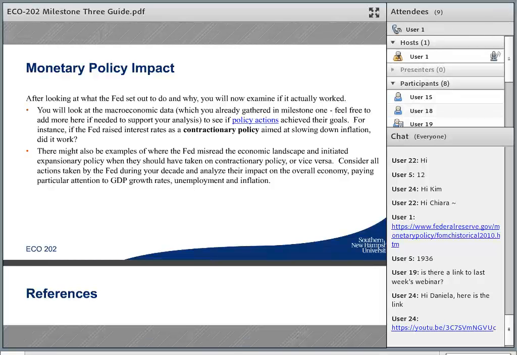So your model might show that, yeah, this policy action should absolutely help bring down inflation, but in reality it doesn't. So those are the reasons that reality might be different than the model. And that's a really important lesson in economics, because that's often the case.